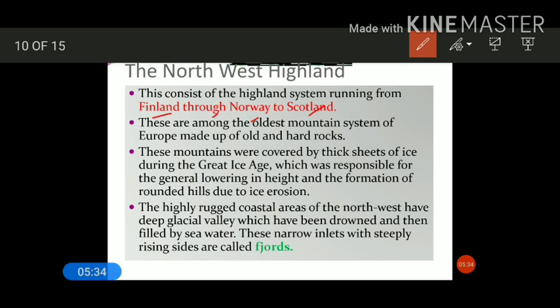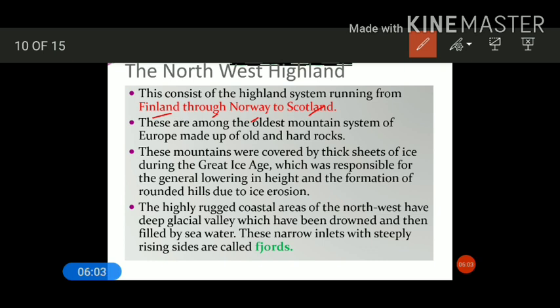When the ice retreated during the glacial age, it eroded the landmass and converted it into rounded hills. Apart from that, the coastal areas especially are highly rugged. The north, especially the northwest, has deep glacial valleys which have been drowned and then filled with seawater.